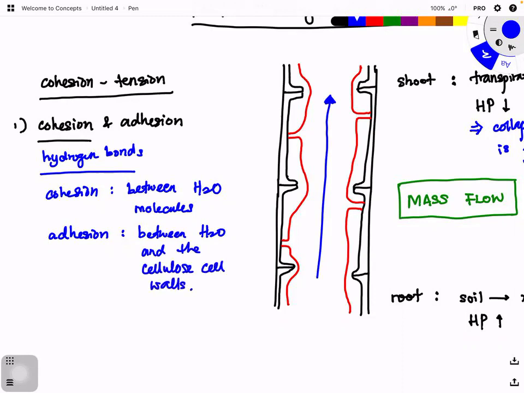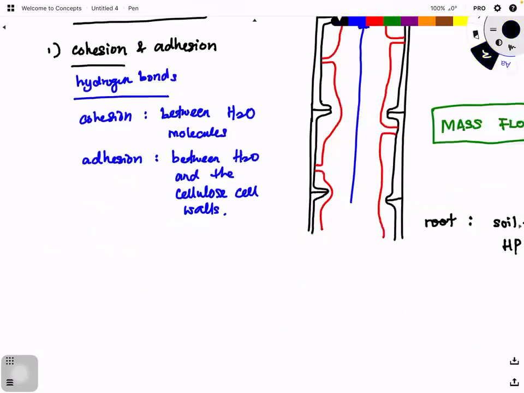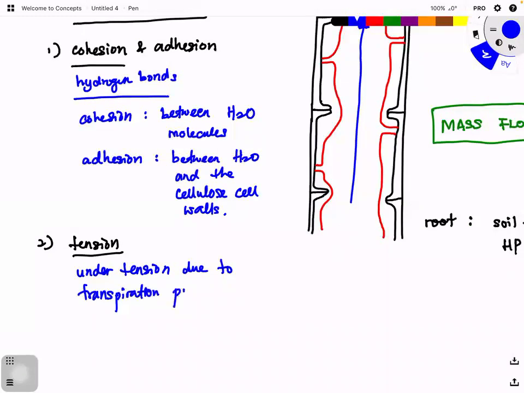Are you clear? So that is cohesion and adhesion. Number two, the column is also under tension, due to transpiration. Due to these two factors, water molecules move by mass flow from the xylem at the roots all the way to the xylem at the shoots.